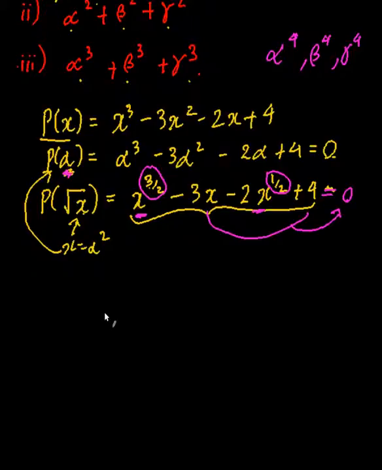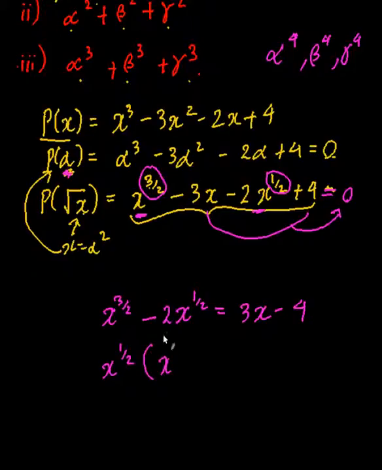So we end up with x to the 3 on 2 minus 2x to the half is equal to 3x minus 4. On this side, I'm going to take x to the half outside, and then I will end up with x to the half times x minus 2, because when you add the powers x to the 2 on 2 you end up getting 3 on 2.